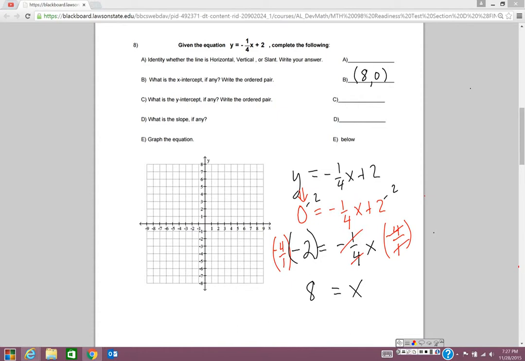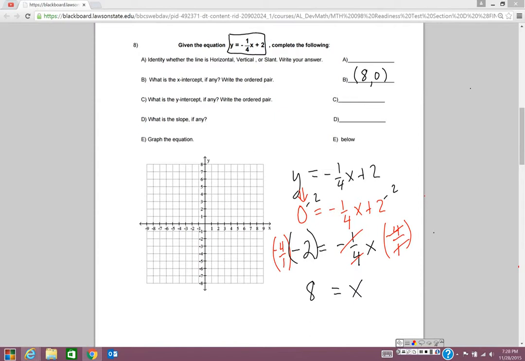And the last thing we have to do is graph. Since our equation is already in slope-intercept form, you can use rise over run by first plotting the y-intercept. The y-intercept is 0, 2.